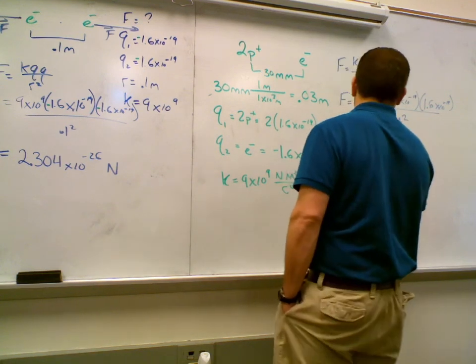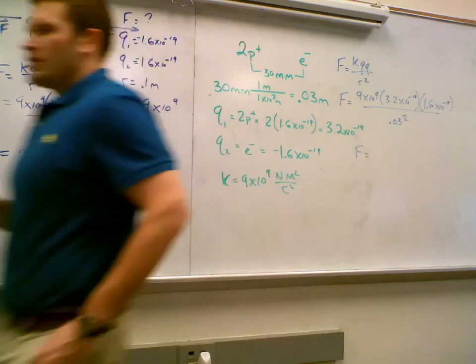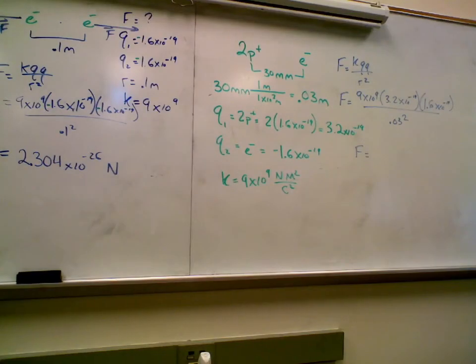Yep. I thought you said they'd be small numbers. They are small numbers. Negative 19th means we're less than 0.